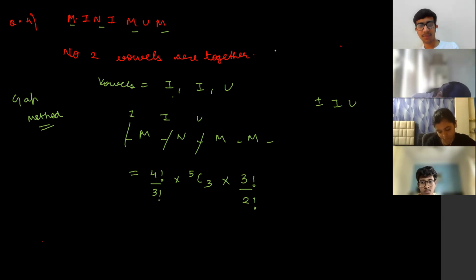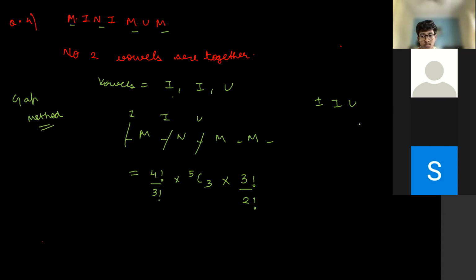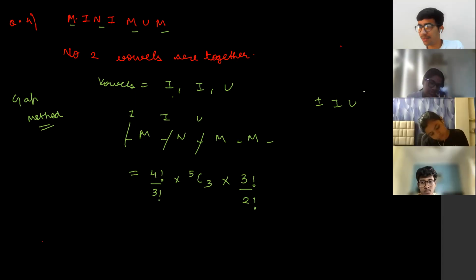Yeah, Ritu is correct. किसको डाउट है? आदित्य, सनत, ऋषित, अर्नव. Adit, you have a doubt.